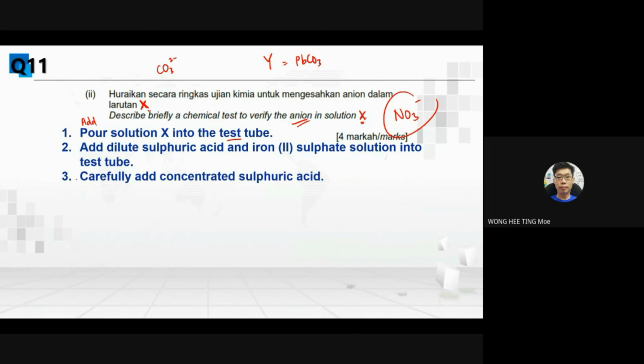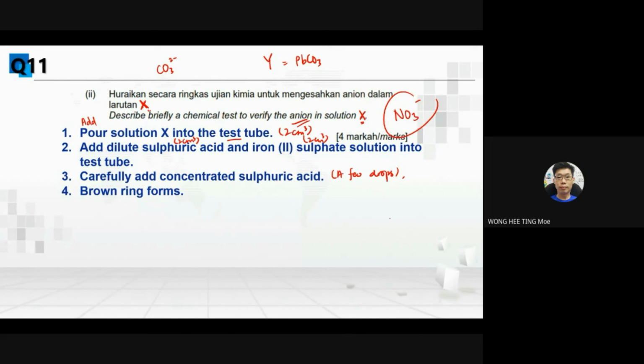I mentioned you slant the test tube first, then carefully add a few drops of the concentrated acid, and you form the brown ring. To be safe, put in 2 cubic centimeter here, 2 cubic centimeter here, 2 cubic centimeter here, and a few drops here.